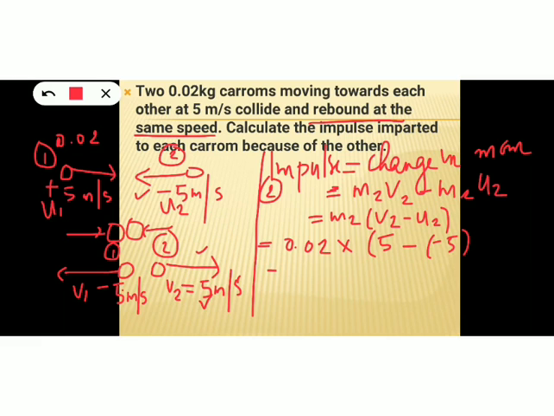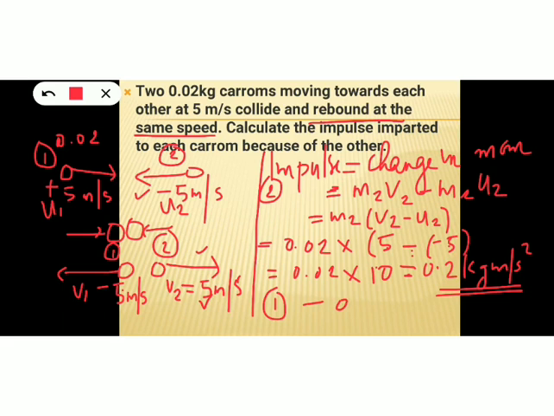So you will get 0.02 into (5 plus 5), 5 plus 5 is 10, so 10 into 0.02 is again 0.2 kilogram meter per second square. So the impulse for the second carom is 0.2 kilogram meter per second square, and the impulse of the first carom was minus 0.2 kilogram meter per second square.